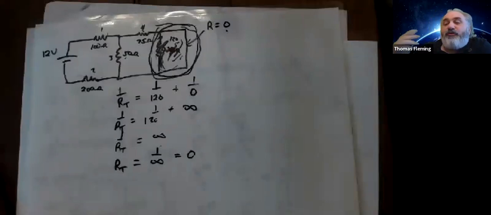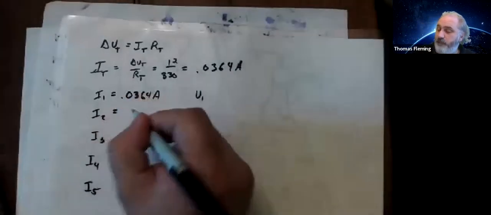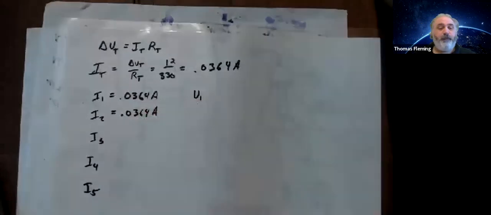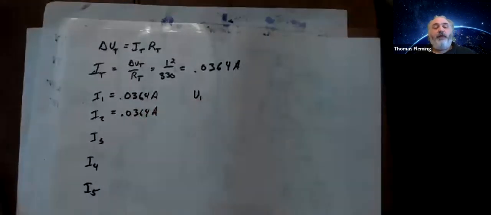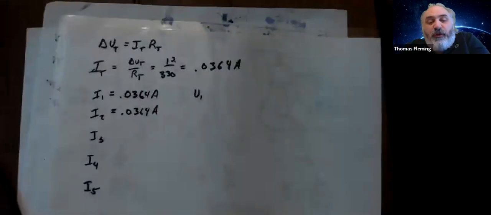Yeah, there's no way to get back to the battery without going through 2, right? It's because of where it is in the circuit. So resistor 2 is going to have the same current also. So now I figured out of my 5 currents to deal with, I know 2 of them.